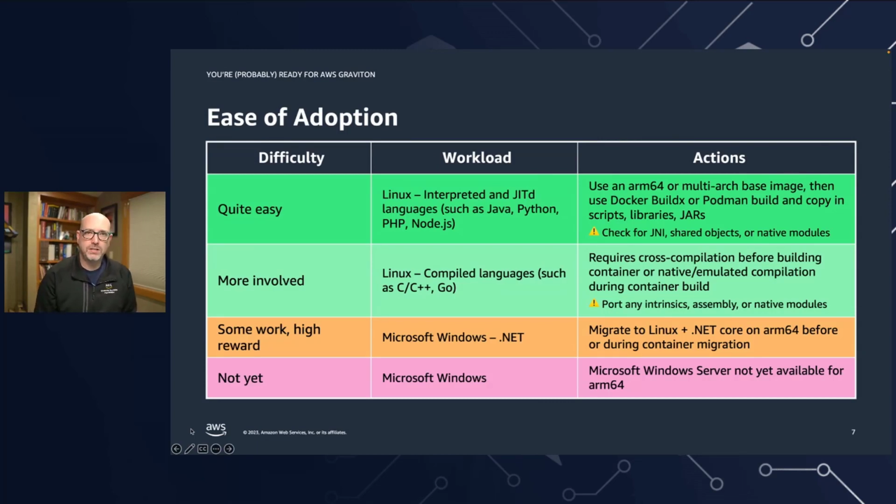If, on the other hand, your application is written in a compiled language, such as C, C++, Go, Rust, or the like, then your application may need to be compiled specifically for ARM64, which is the architecture Graviton uses. And so this may require cross-compilation before building your application, or it may require you to recompile using a native compilation environment.